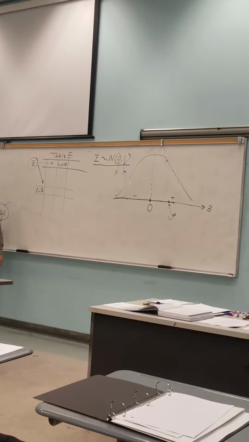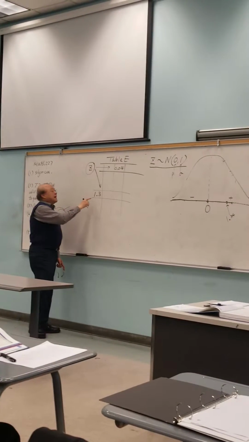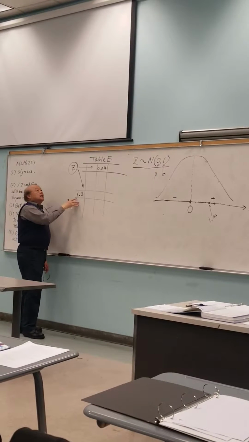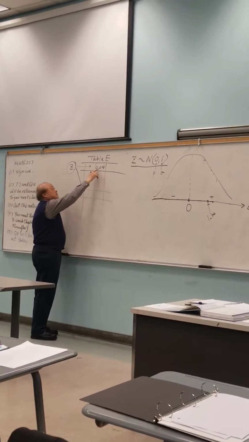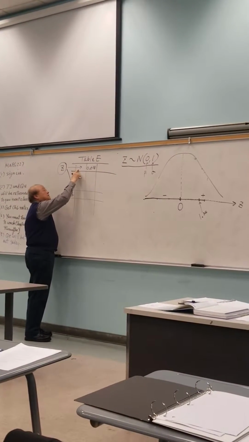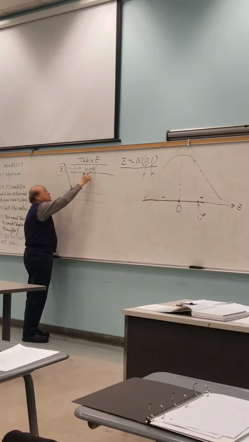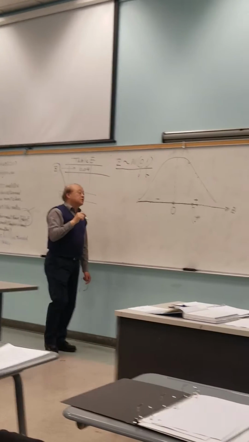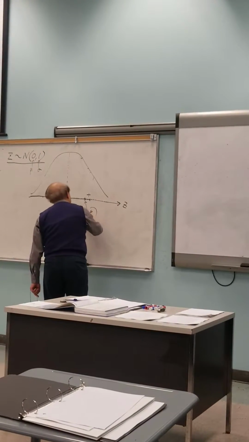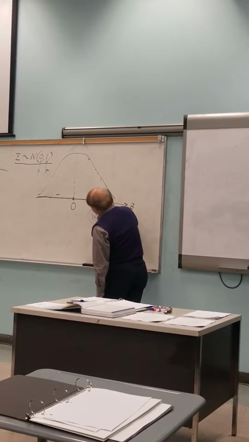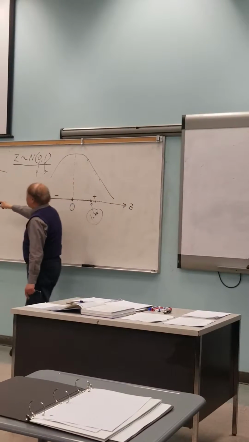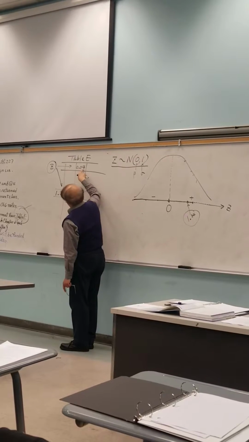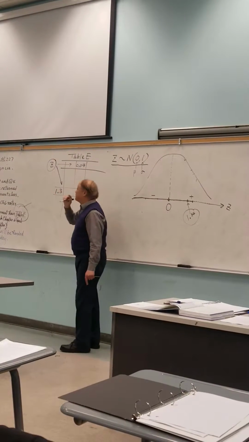Look at your table. Did you find 1.3 in the left column? Did you find 0.04 on top, from 0.00, 0.01, 0.02? So for a Z-score, which is a point on the axis, this is the first decimal place, and this is the second decimal place.